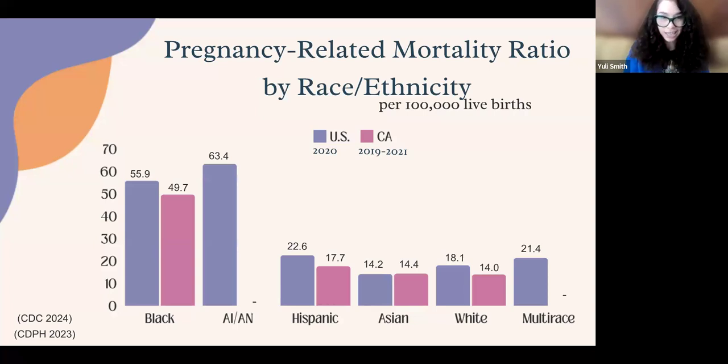It means that they just weren't accounted for, and in the case of Indigenous folks, American Indian and Alaskan Native, there weren't enough occurrences. I believe the threshold needs to be 10, and it did not meet that threshold. But that's still a significant number given the population of Indigenous folks here in California. Okay, next slide, please.